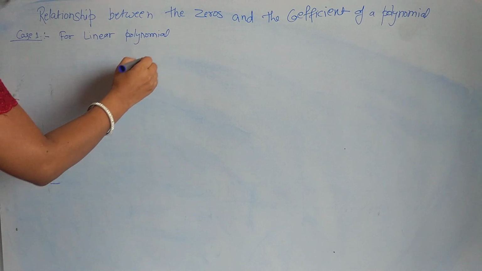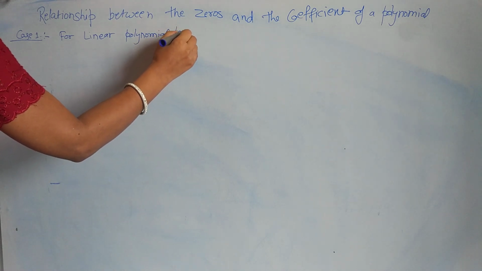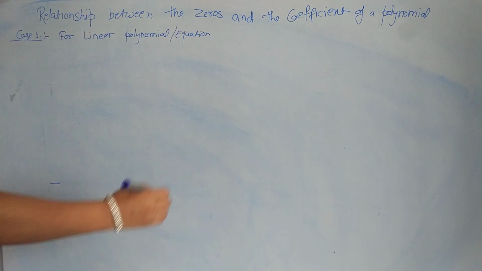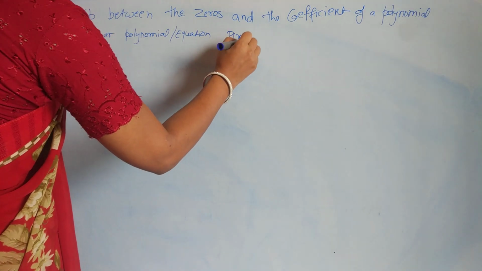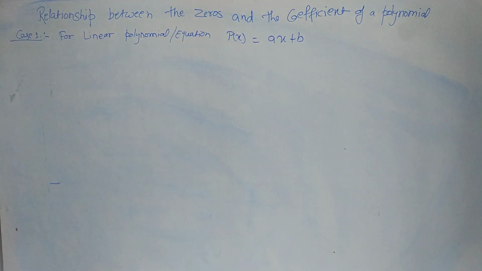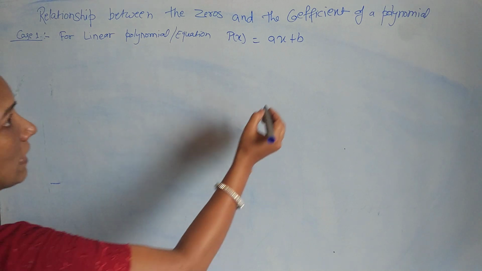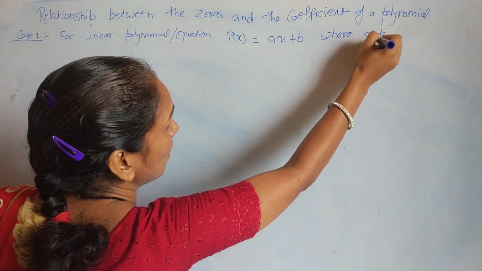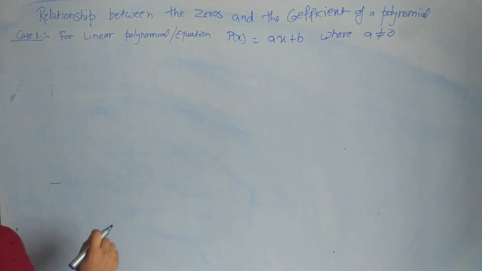What is the format for a linear equation? P of x is equal to ax plus b, where a is not equal to 0.